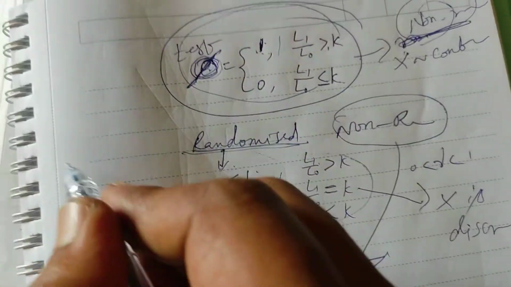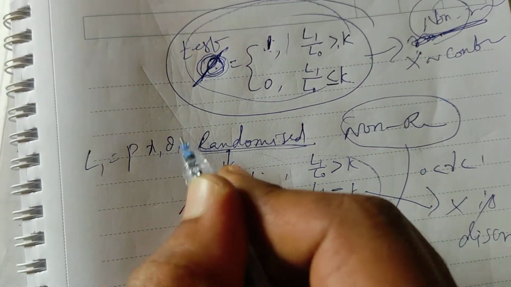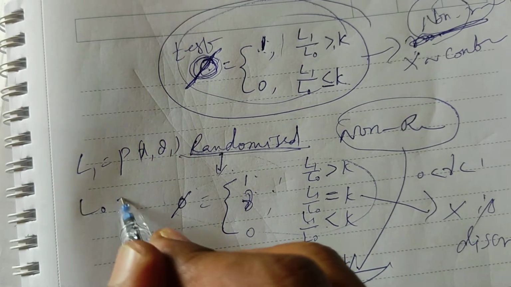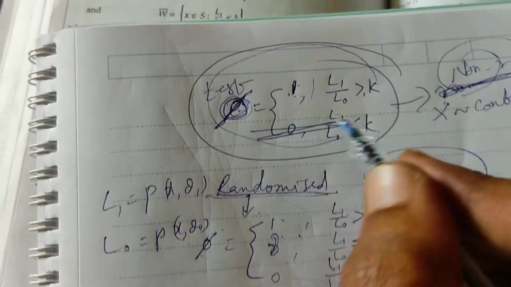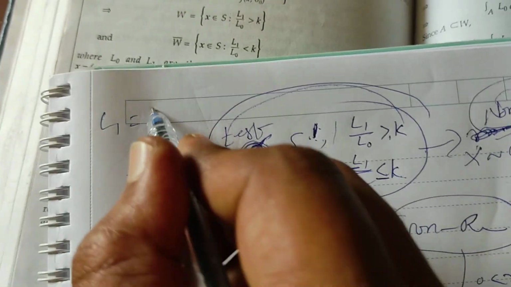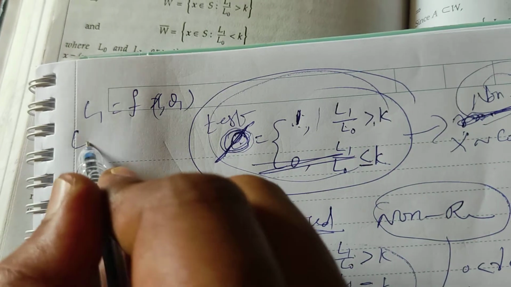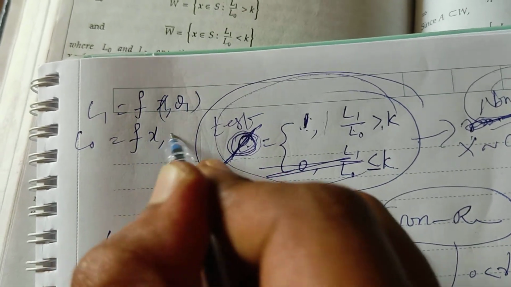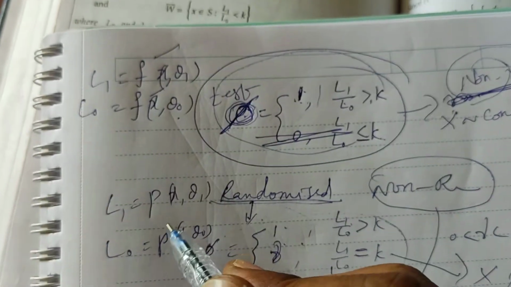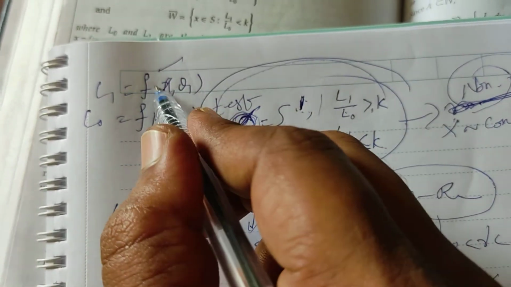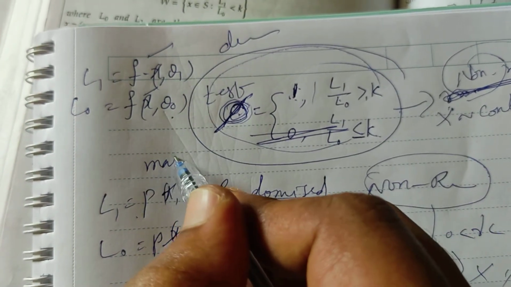L1 is actually p of x comma theta 1, and L0 in this case is p of x comma theta 0. In the other case, L1 is f of x comma theta 1, and L0 is f of x comma theta 0. I already told you the notation difference: f is for density, p is for mass.